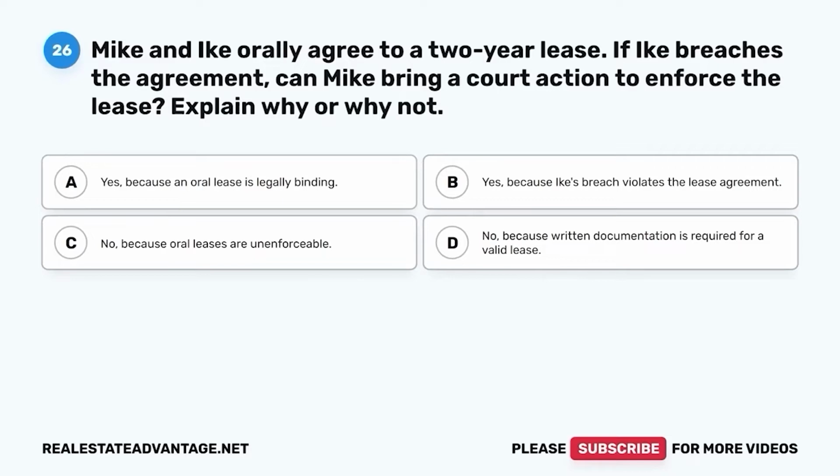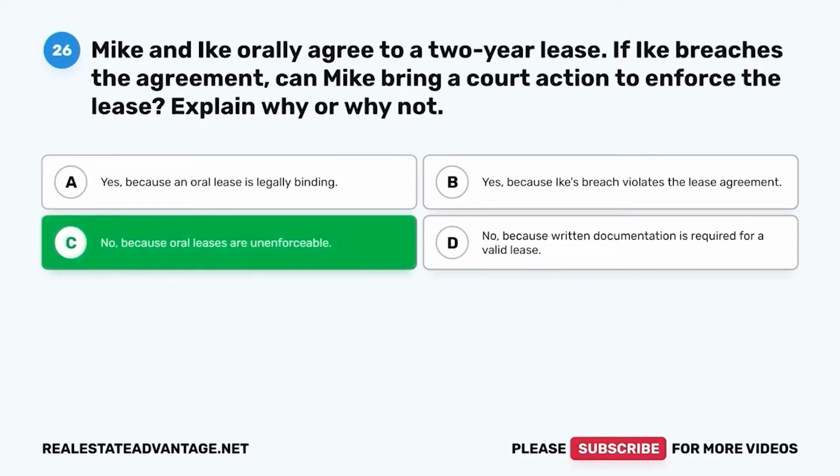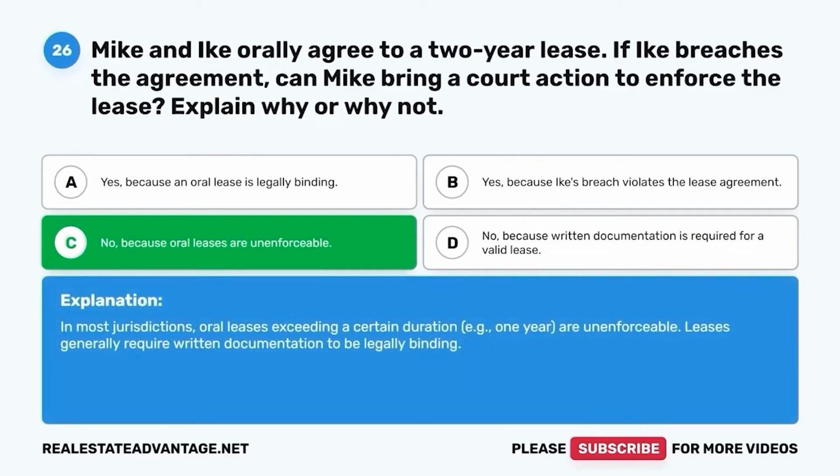D. No, because written documentation is required for a valid lease. The correct answer is C. No, because oral leases are unenforceable. In most jurisdictions, oral leases exceeding a certain duration, for example, 1 year, are unenforceable. Leases generally require written documentation to be legally binding.